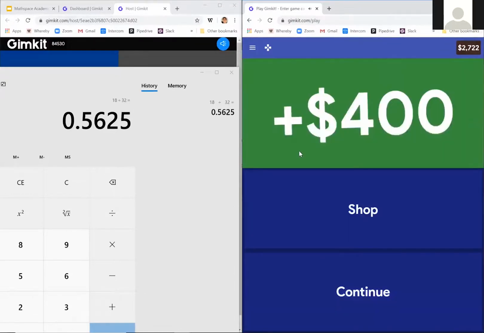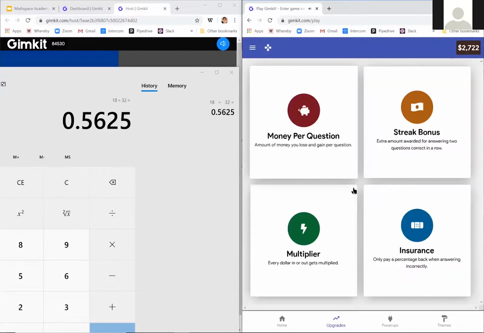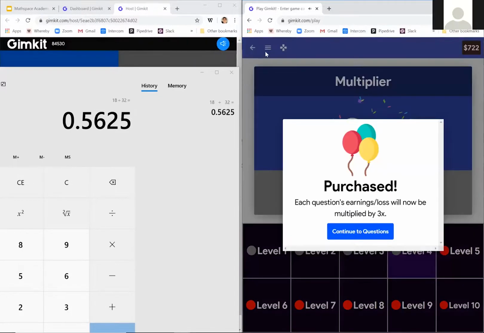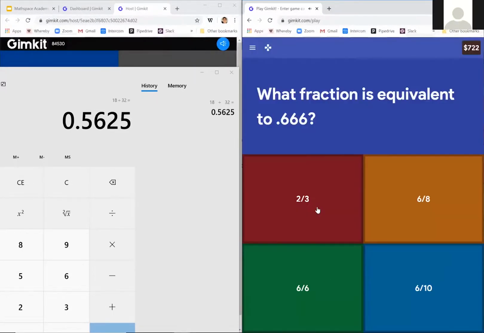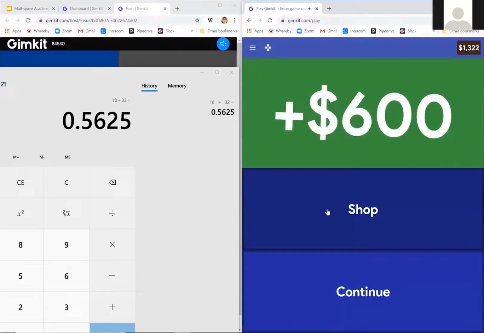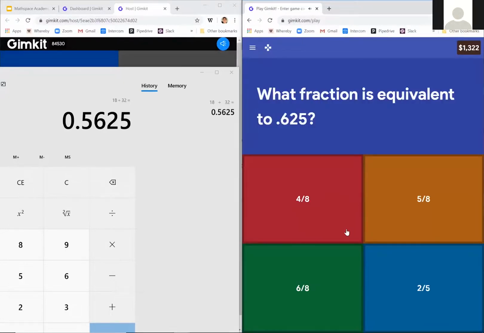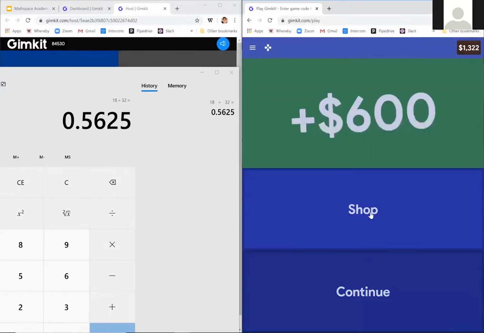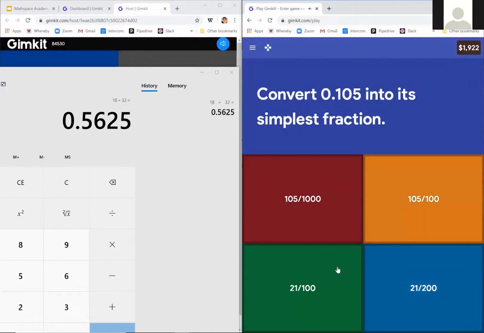Oh my goodness, so much money. Oh yeah. Oh goodness. What's this one? 5 out of 1,000, but that's not the simplest fraction. Ooh, baby.